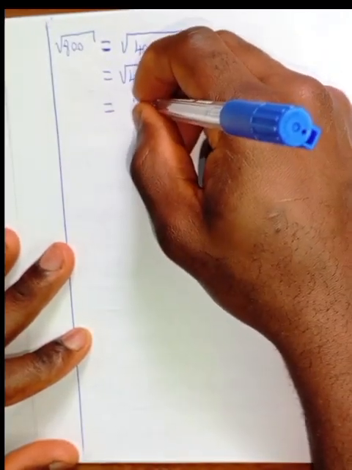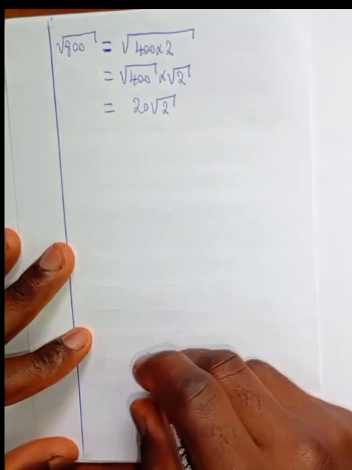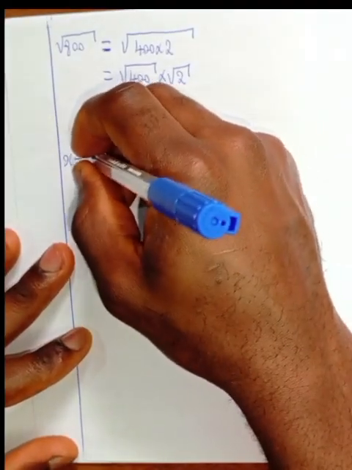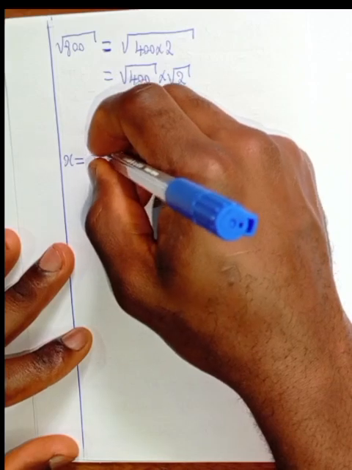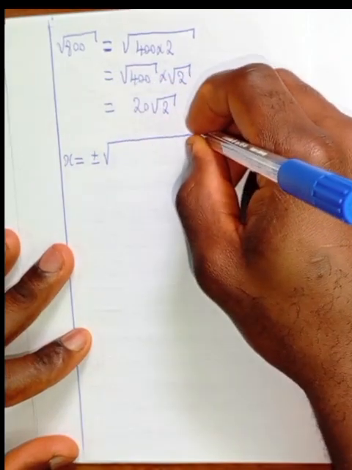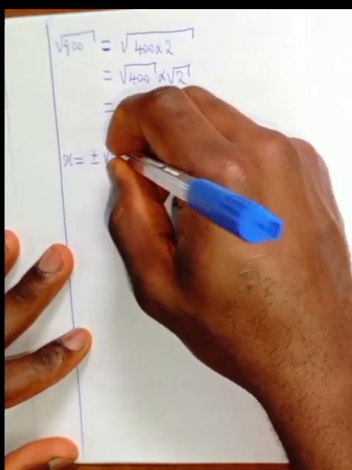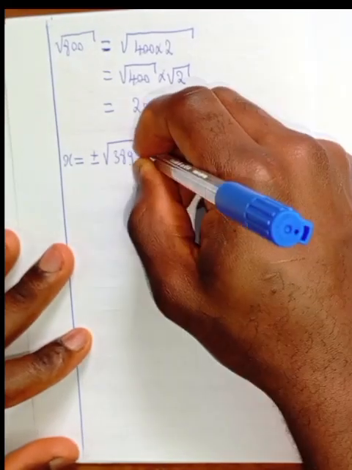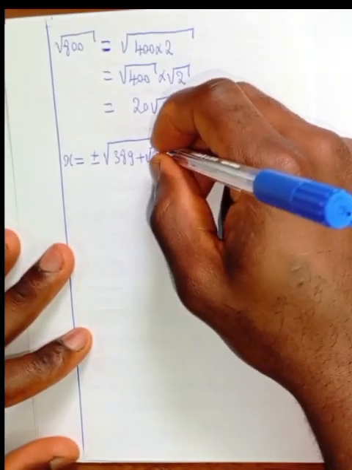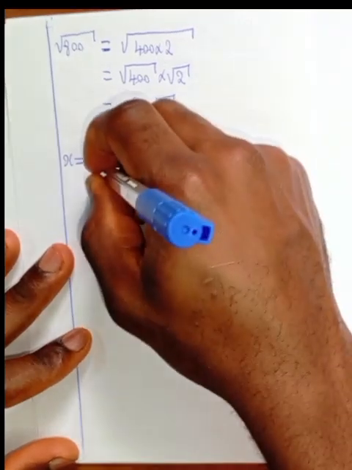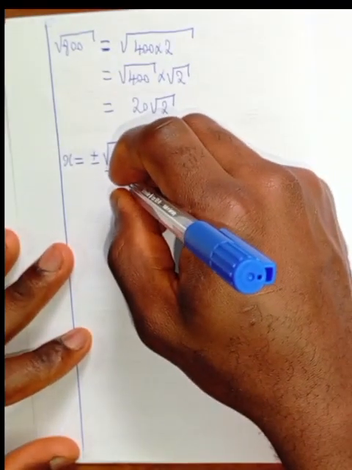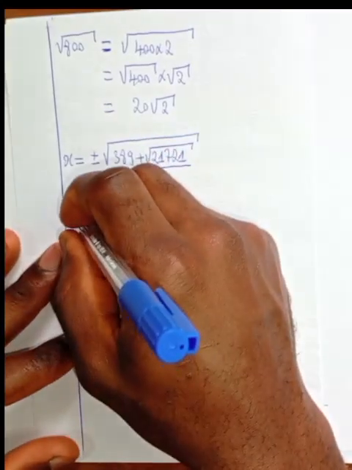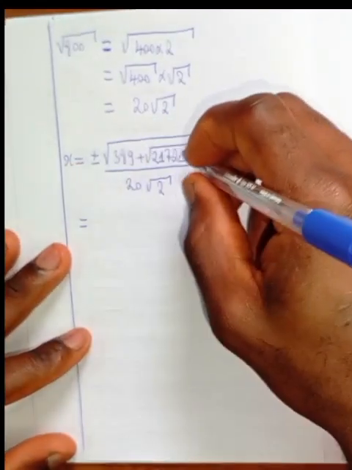So this will give us 20 root 2. We are going to replace it. This will give us x to be equal to, for the first one, plus or minus square root of 389 plus root 21,721 all over 20 root 2.